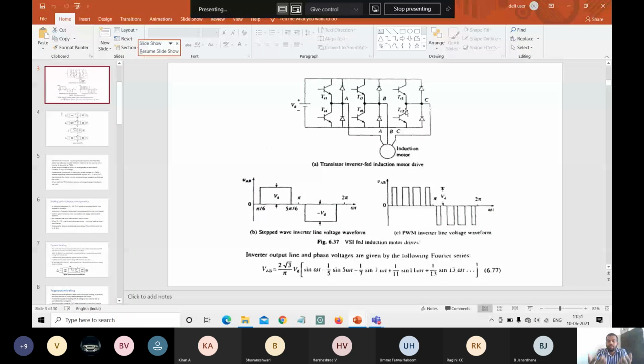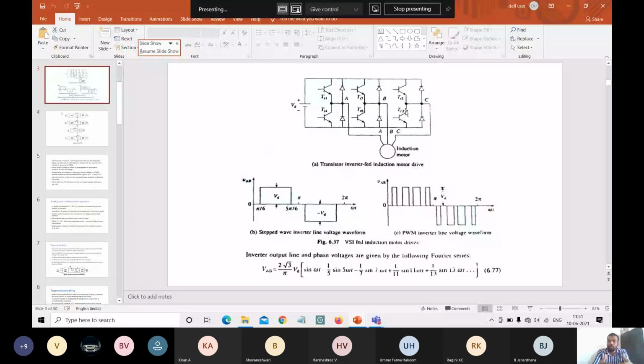either in motoring operation or in braking operation, the voltage and frequency must be maintained constant. So just by interchanging the pulses or interchanging the phase sequences, we can bring the mode from motoring to braking or from braking to motoring.